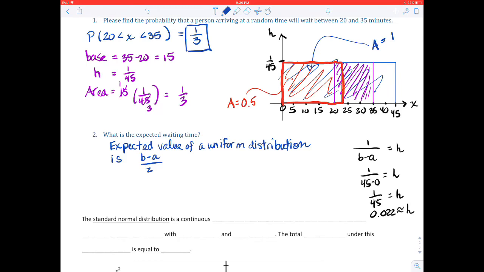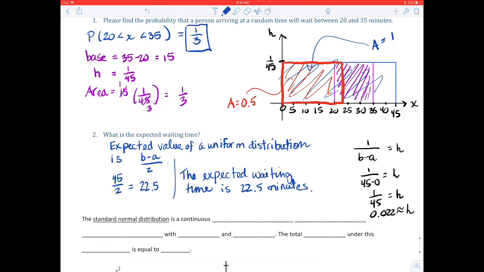So our b minus a was, beautiful, 45. When I divide that by 2, I get 22.5. So the expected waiting time is 22.5 minutes. All right, cool so far? Awesome.